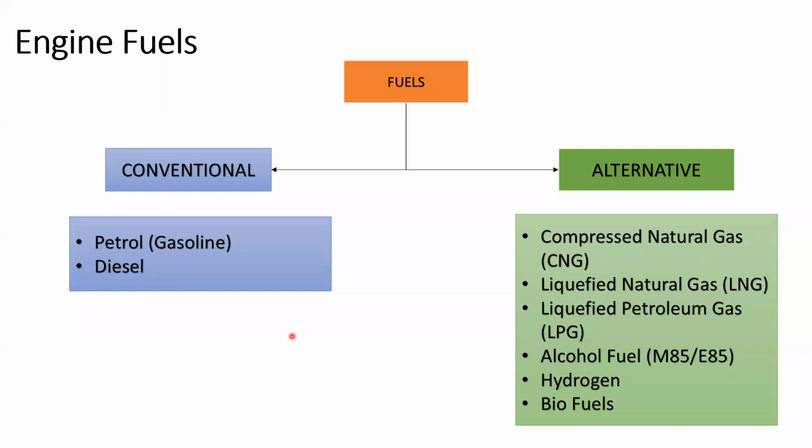We have special modules called alternative fuels and combustion, and alternative fuels and emission controlling, where you will learn how natural gas combustion works, liquefied natural gas, liquefied petroleum gas, also known as LPG, alcohol fuel, hydrogen, and biofuel. But at the moment, we are just going to discuss petrol and diesel.